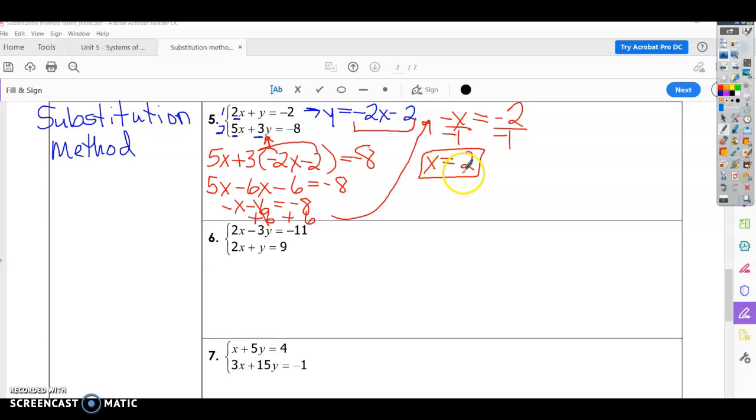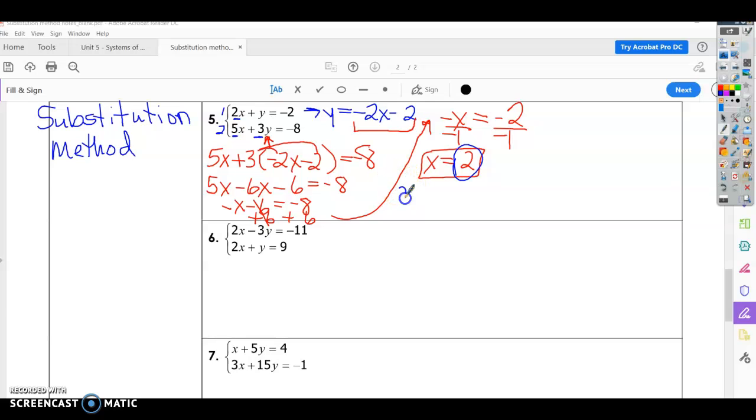So now I'm going to take this x and substitute it back in for one of these. So I can substitute it into my original equation or the equivalent equation. It doesn't hurt to substitute it into the original equation because you know it's correct because it hasn't been changed.